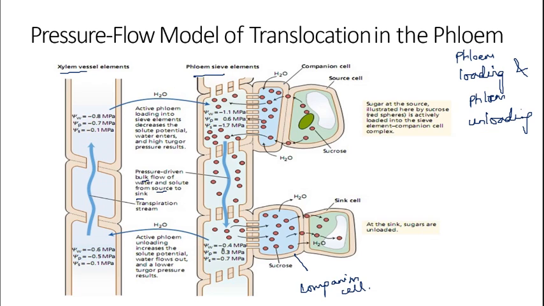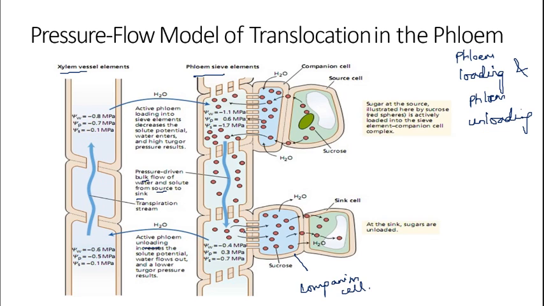Now once they are near the sink area, once they are about to enter into the sink, the water will be lost. The water will move back to the xylem. So the water is leaving the phloem. This is phloem unloading.